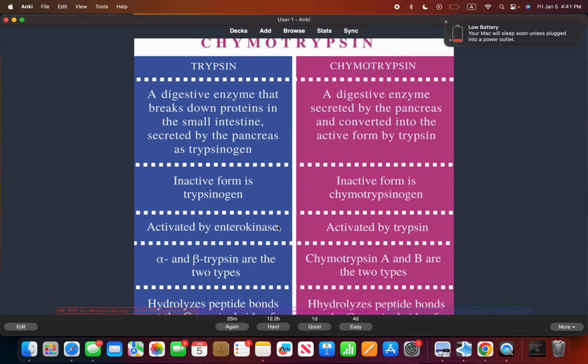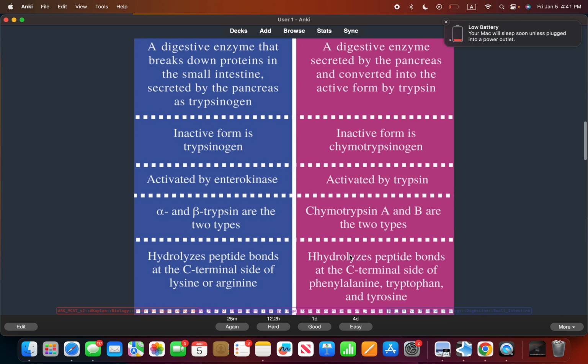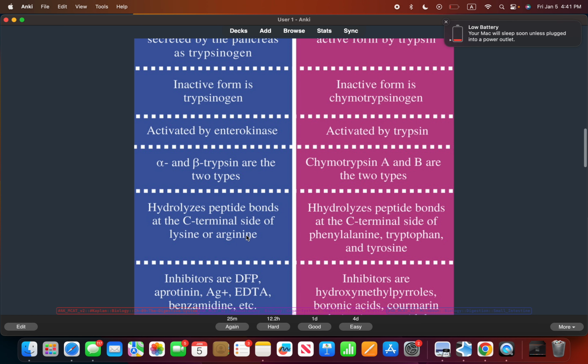Alpha and beta are the two subtypes of trypsin, and chymotrypsin has A and B. Trypsin hydrolyzes peptide bonds at the C-terminal site of lysine or arginine, but chymotrypsin hydrolyzes peptide bonds at the C-terminal site of phenylalanine, tryptophan, and tyrosine.